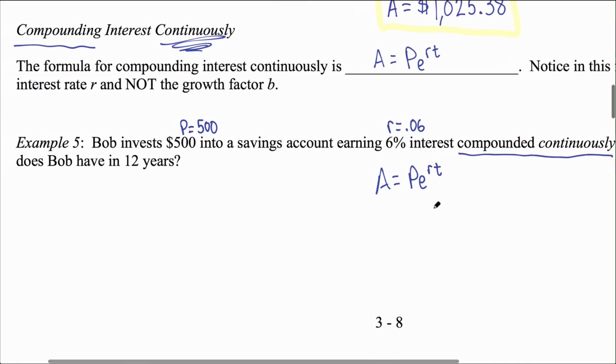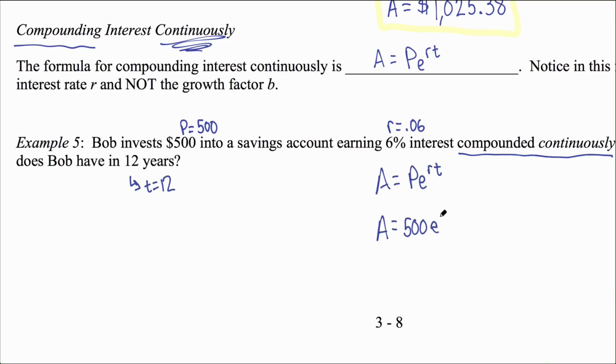How much money does Bob have in 12 years? Okay, so we've picked out our variables, we've picked out our formula, so let's plug in what we know. We're looking for our final amount after 12 years, if we deposit a principal of $500 at an interest rate of 6% over 12 years.